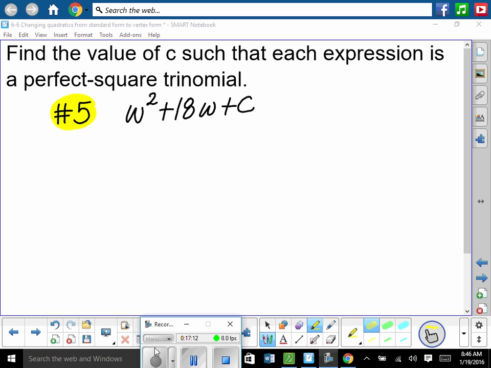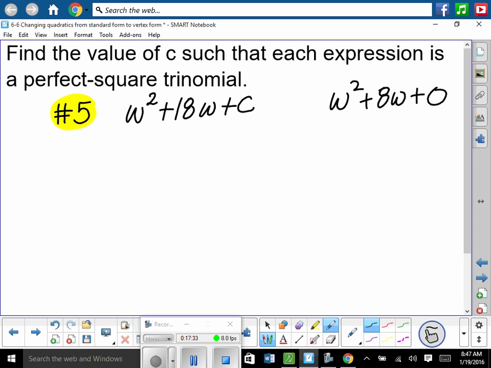On number 5, if you read the instructions for 1 through 6, it says, find the value of c such that each expression is a perfect square trinomial. So this time we're just finding our square. So we have w squared plus 8w. Another way to think of this is w squared plus 8w plus 0.